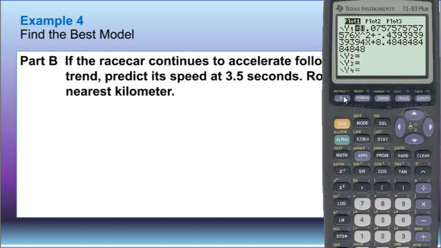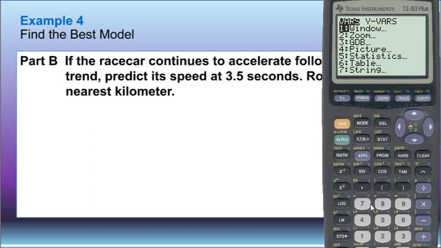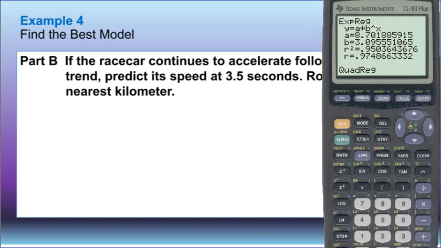so let me go back to y equals, I'm going to clear this one, hit vars, number 5. I gotta go back to stats, calculate. I need to go to quadratic, because it is quadratic. It's gonna put it in whatever my last one was. So I want to put this one in.